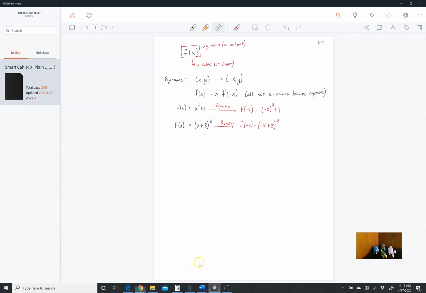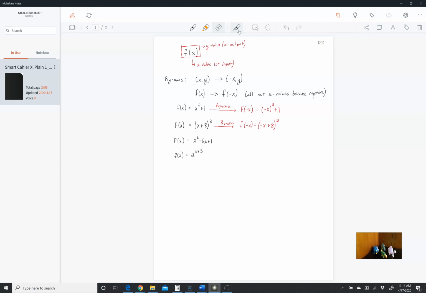Okay, let's take a few more. Let's take some different ones. Some of these, we might not know its exact location on the axis, so if we graph it, we may or may not be able to see it. So we're just going to take a whole bunch. We have f of x. Let's do a polynomial function. Let's say that we have x cubed minus 6x plus 1. Okay. We'll do f of x is equal to 2 to the x plus 3.